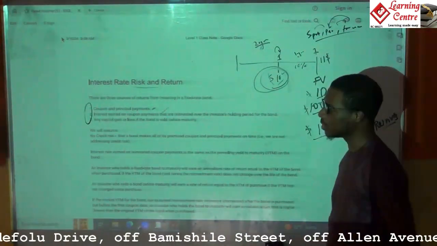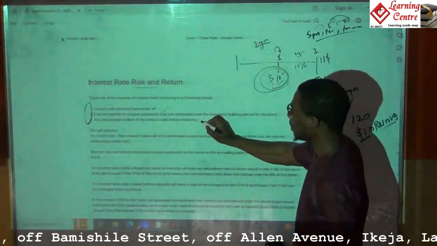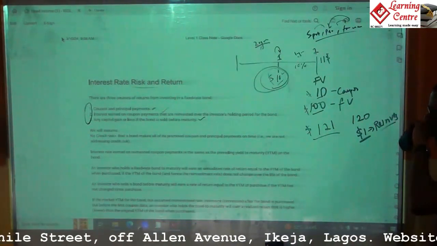And that way I will generate return. The third way a fixed income investor earns is capital gain or loss if the bond is sold prior to maturity.